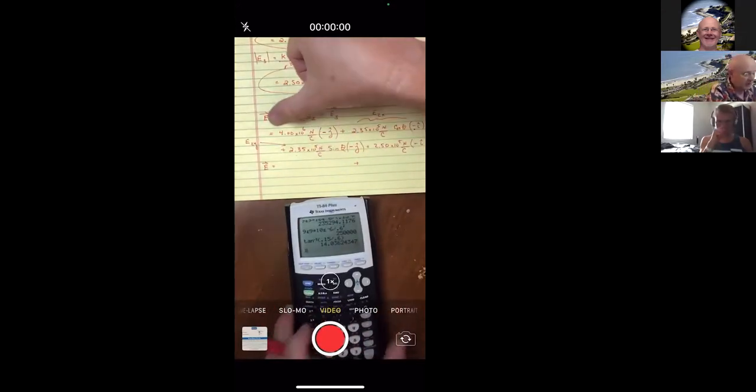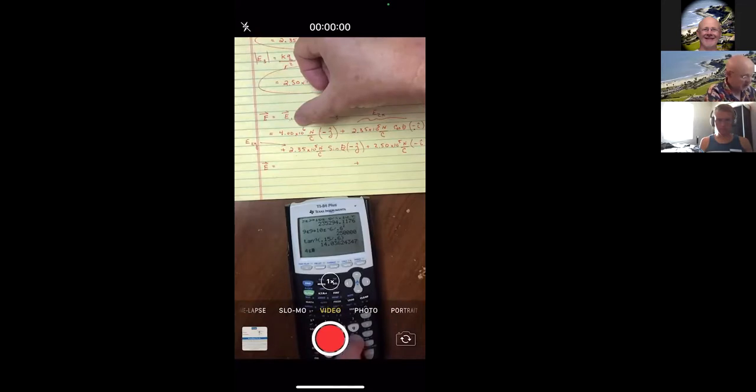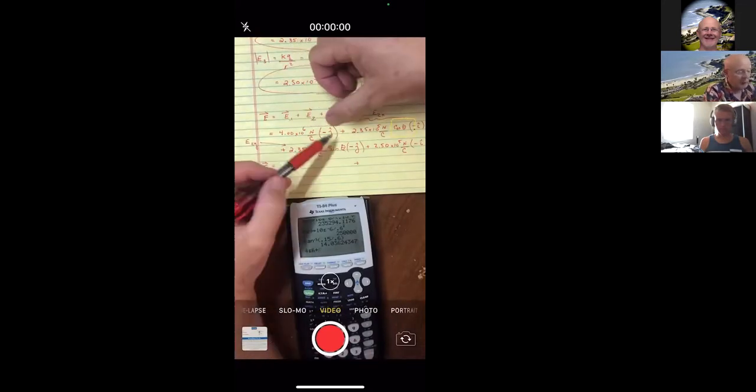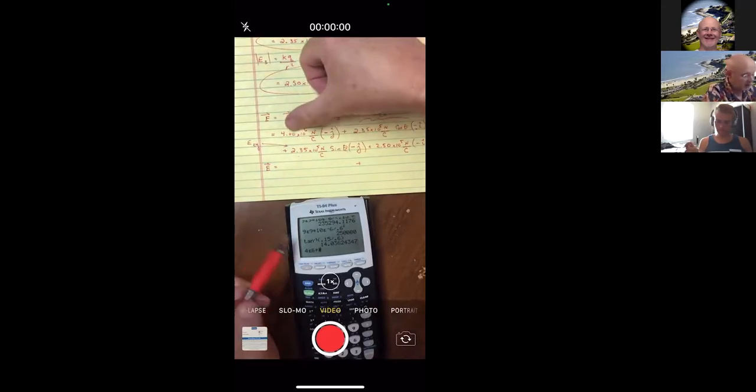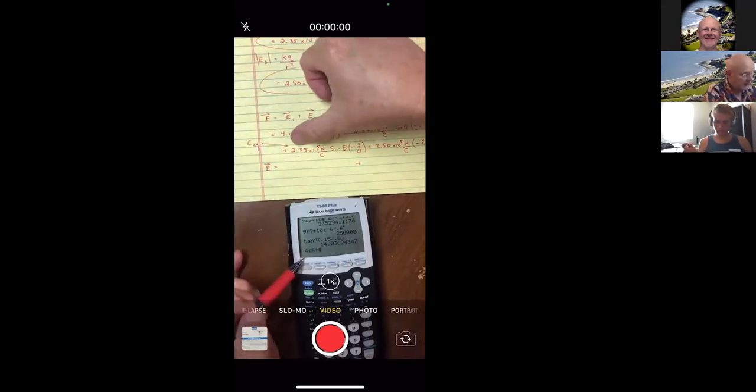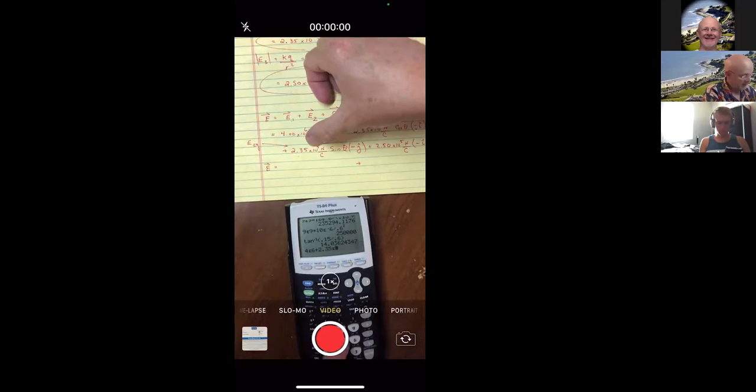These are the j components. So this is 4 times 10 to the 6th. And let me not worry about the negative j hat for a second. I'll just put that at the end. So I'm going to go that added to 2.35 times 10 to the 5th times the sine of 14 degrees.